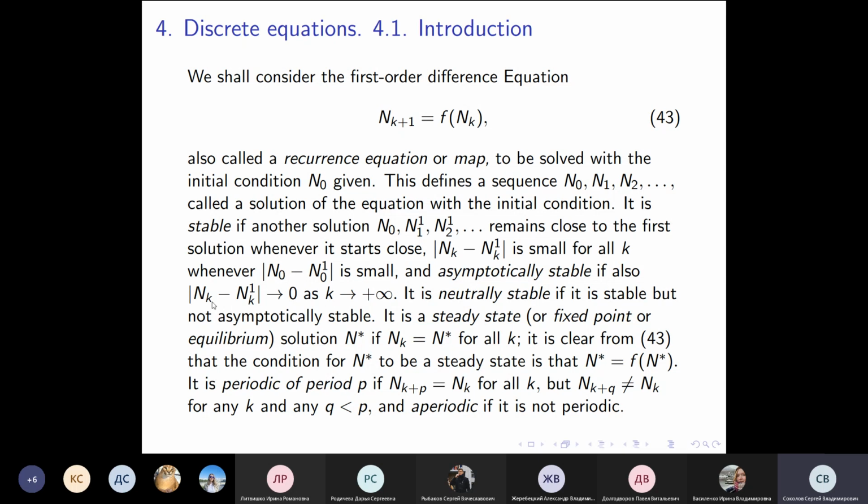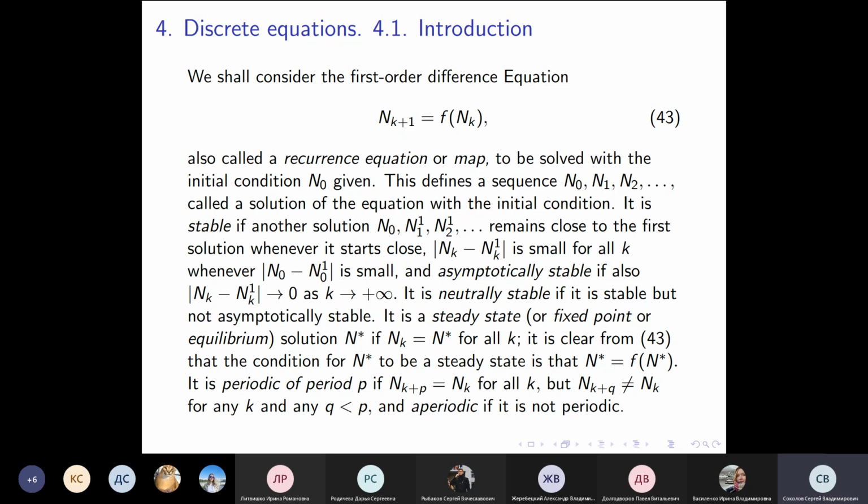And if the difference between the solutions is going to 0 as k is going to infinity, then we call this situation the asymptotically stable solution. And neutrally stable if it is stable but not asymptotically stable. So, next one.